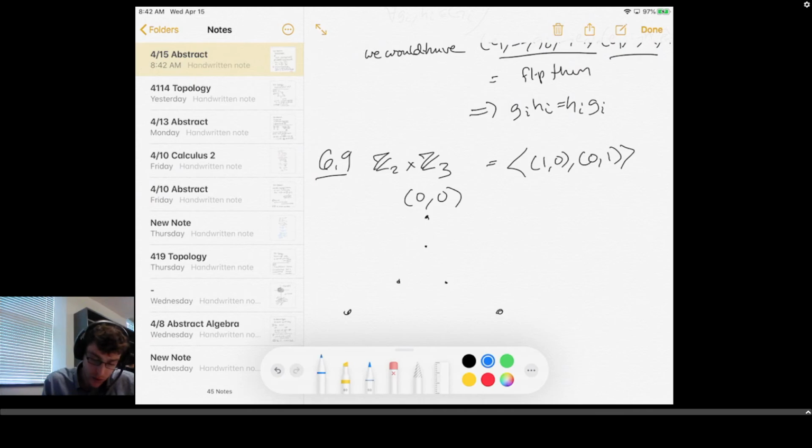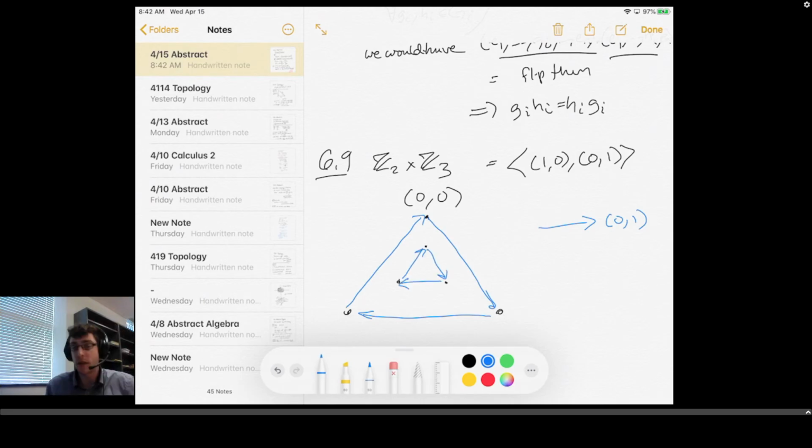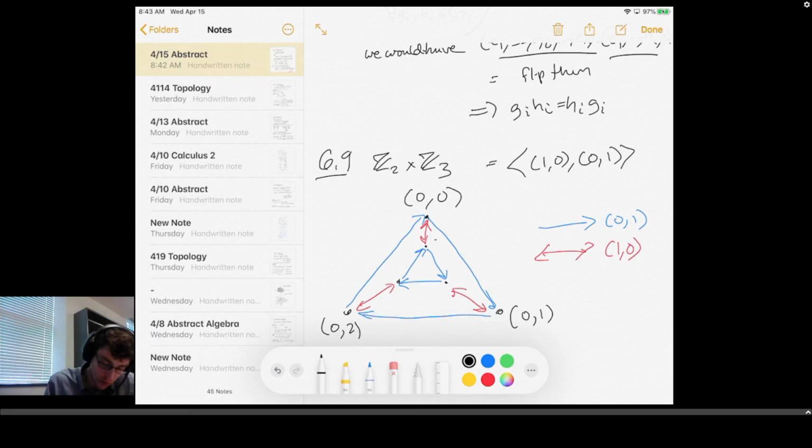And if I have my (0, 1) from here, I can go here, here, here, and then it's going to be the same on the inside. Again, the difference between this and D3 is that these go the same direction. And then this guy will be my (1, 0). It's order 2, so I've got my two-way arrows, and you end up getting this, right? So (0, 1), (0, 2), (1, 0), (1, 1), (1, 2).